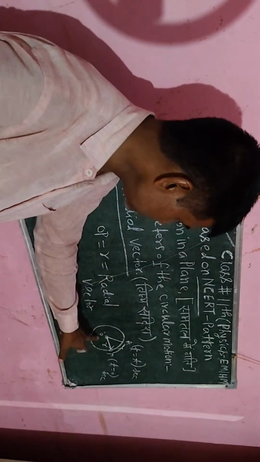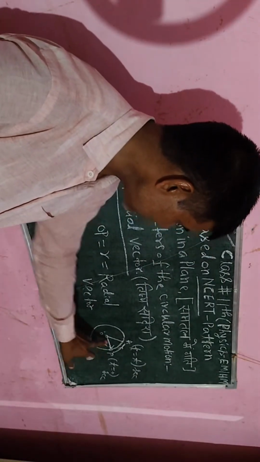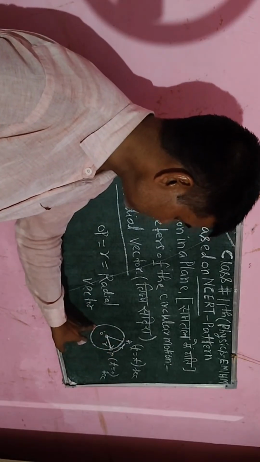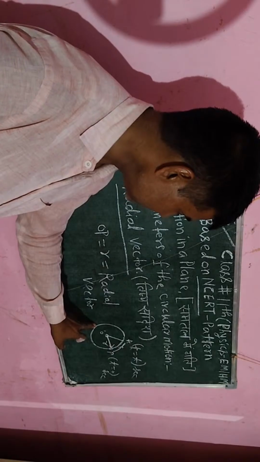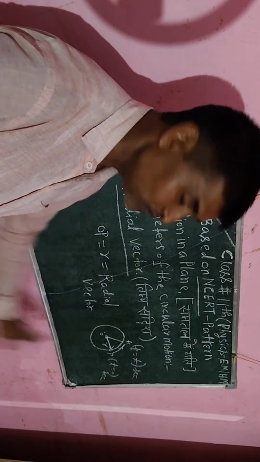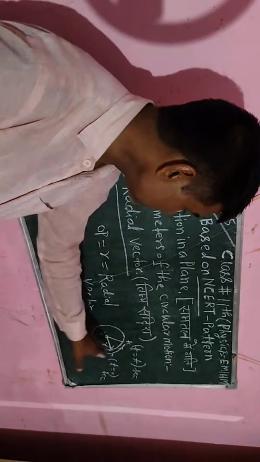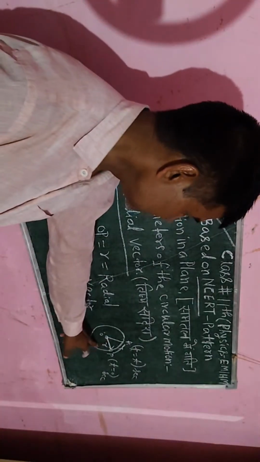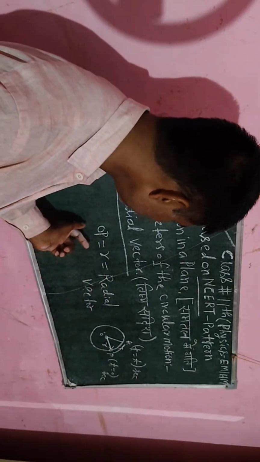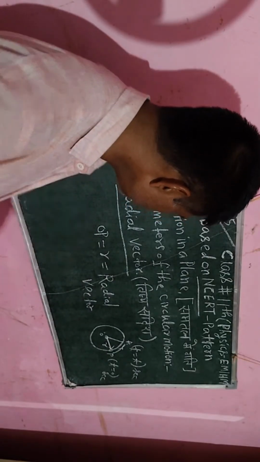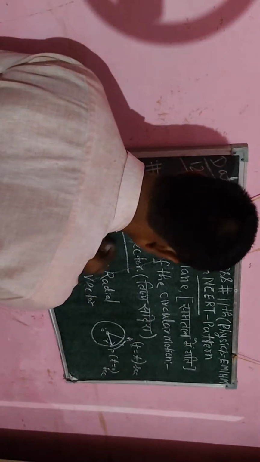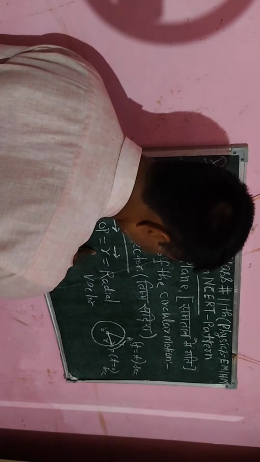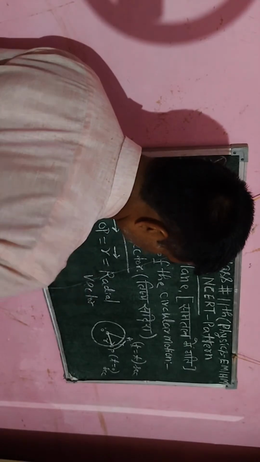So from this point to any point on the periphery or circumference of the circle I will say R. So all distances will be the same. In this case that will be the radius of the circle. So OP is equal to vector R, and this is also known as the radial vector.